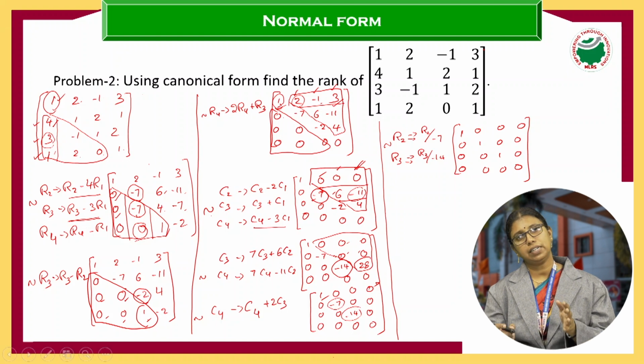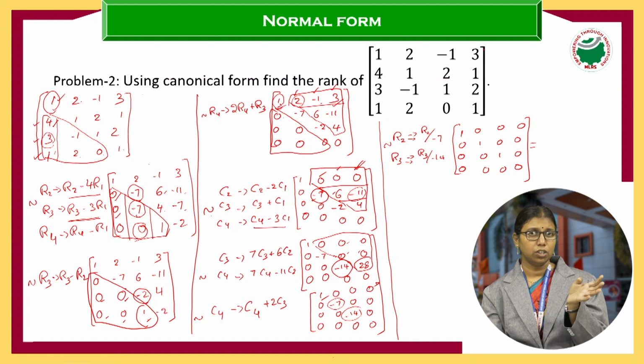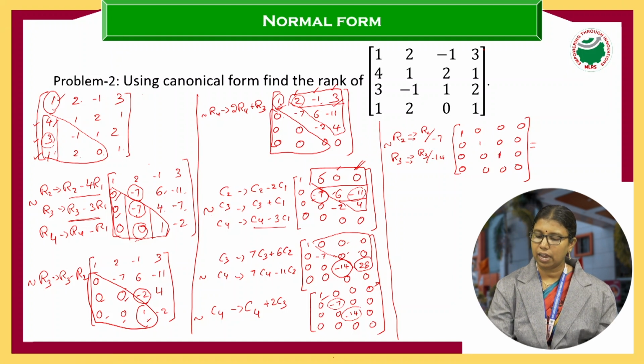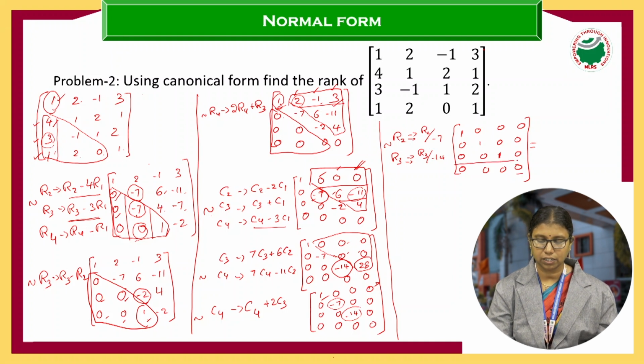Now you have to represent this in canonical form. How can we represent the final matrix in canonical form? What you have to remember here is that you have to subdivide the matrix up to where you have a non-zero diagonal value. See, here I have non-zero diagonal values, and this one is 0. So you have to divide the matrix up to the third row, third column.